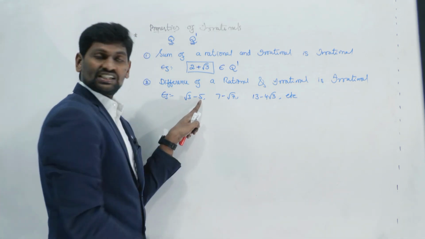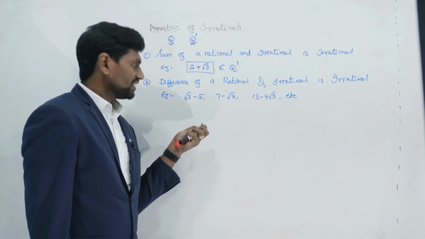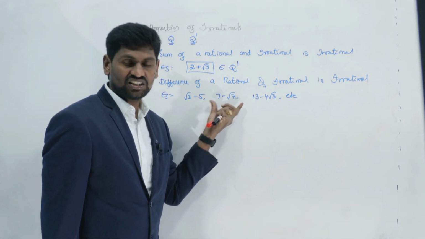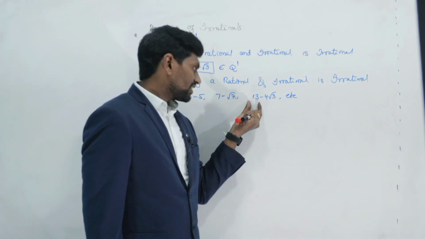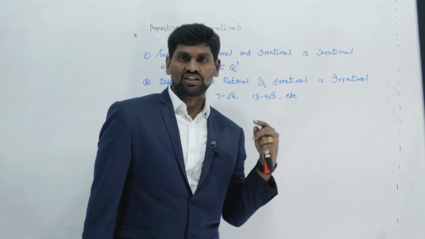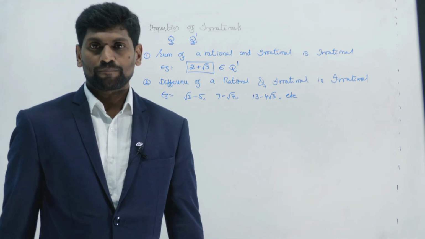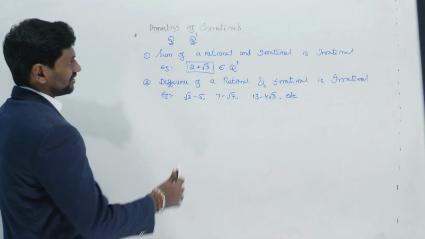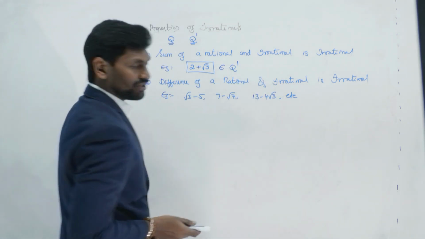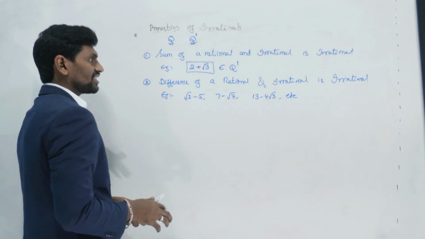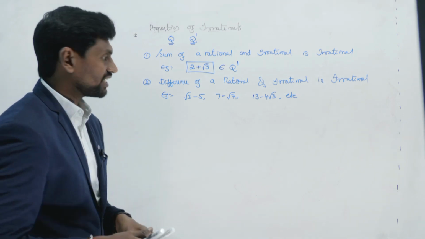Here 5 is rational, root 3 is irrational, their difference is irrational. 7 is rational, root 7 is irrational, their difference is irrational. Same with 13 rational and 4 root 3 irrational; their difference is also an irrational number.